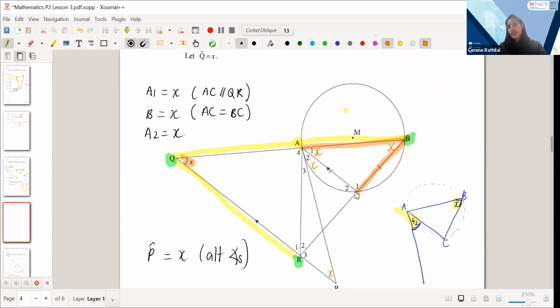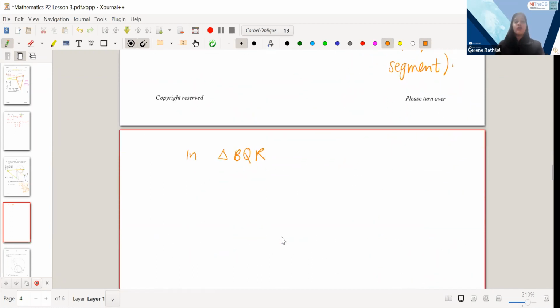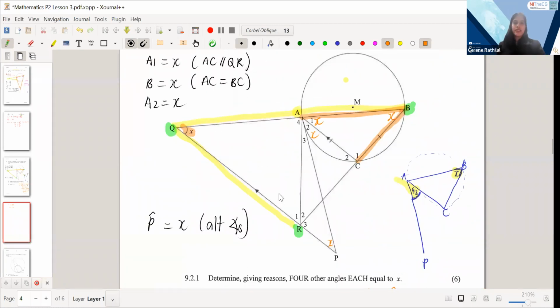We see that AC is parallel to QR, right? So we have a line drawn parallel to another side. Is that correct? Yes, it is. AC parallel to QR. So what can we conclude? That it divides the sides in proportion.